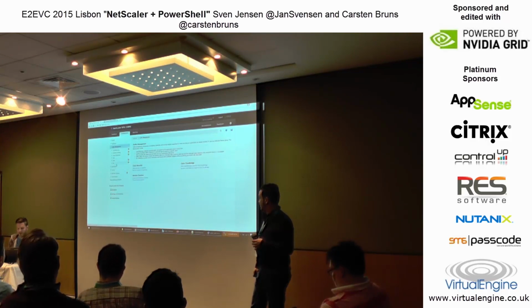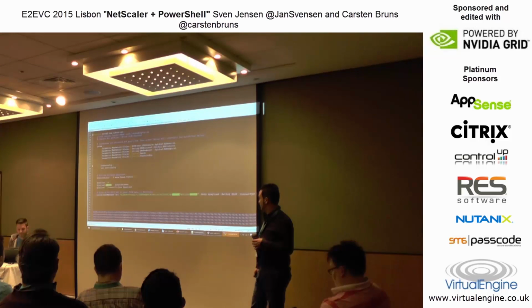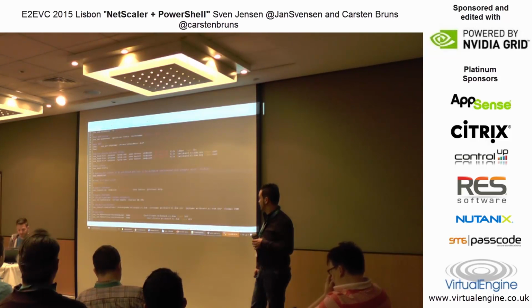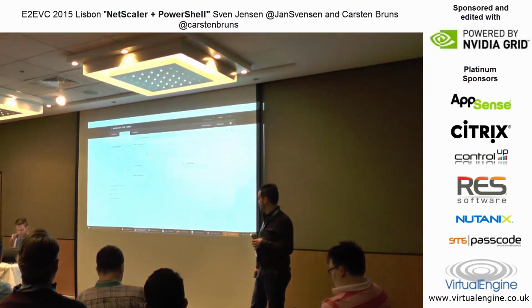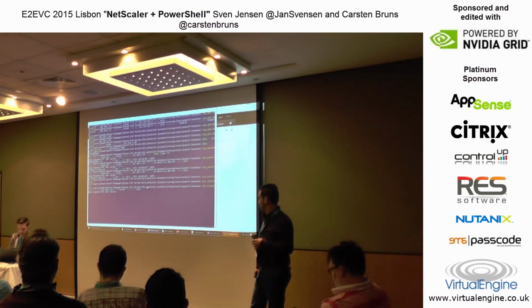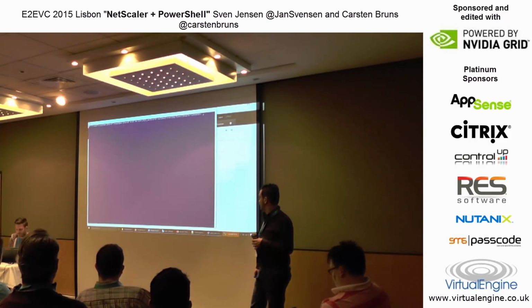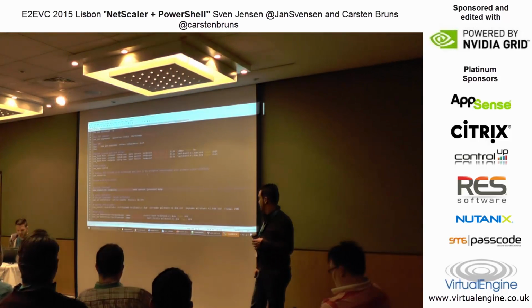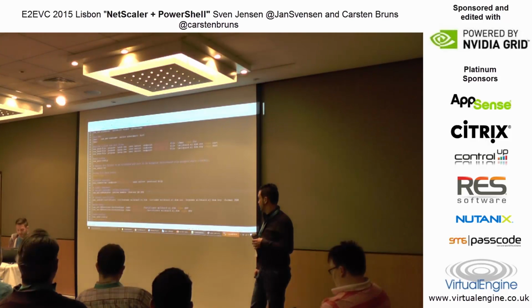There are no functions activated so far, so load balancing is not activated and SSL is not activated, and this is what we're going to do in the next steps. There we go. We're going to connect again, and we're going to activate the features load balancing and SSL.